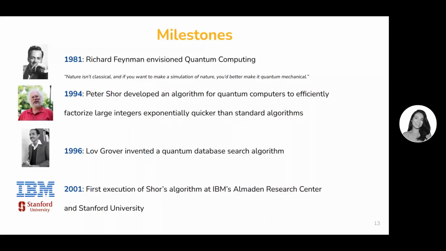So how did the quantum computer idea even start? It started in the very early 80s when Richard Feynman, a very famous physicist, envisioned quantum computers because his idea is that nature is not classical, and if we want to simulate quantum systems, we will need a machine that works with the same logic and the same nature as these systems.